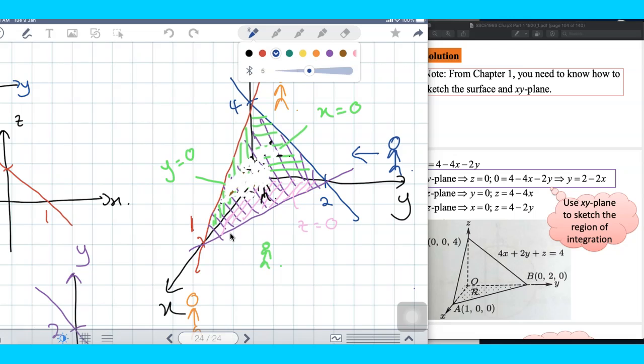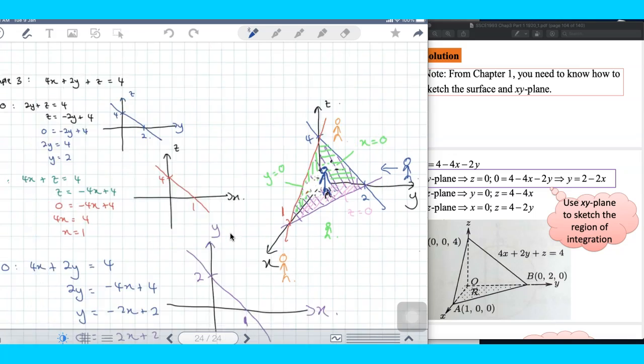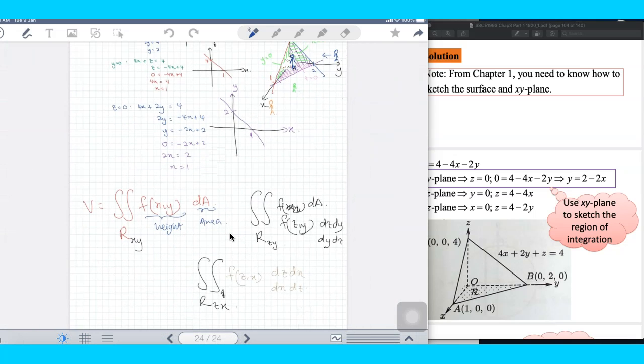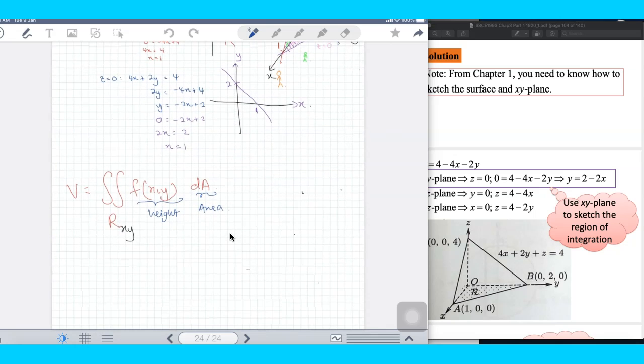The small person now is like this, where I'm standing on the XY plane. So my region is on the XY plane. This is not part of the answer. So we have decided that the region should be on the XY plane.